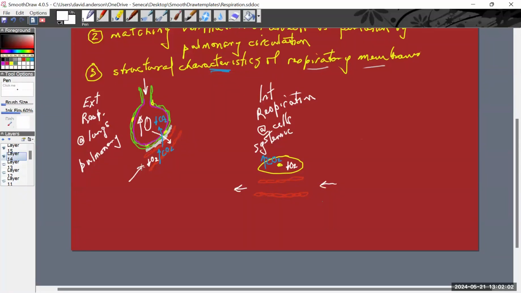Up here, we were traveling in that direction. That doesn't matter so much at this point. But our oxygenated blood is high in oxygen and low in CO2.